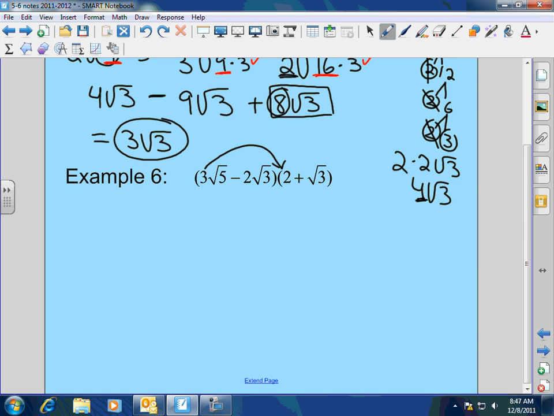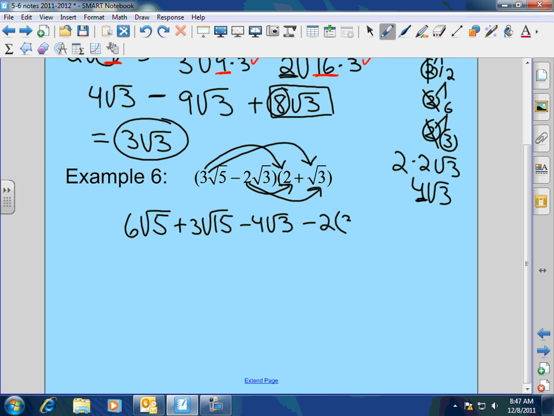3 radical 5 times 2 is 6 radical 5. 3 radical 5 times radical 3 is 3 radical 15. Negative 2 radical 3 times 2 is negative 4 radical 3. And negative 2 radical 3 times radical 3 is negative 2 times 3. Sorry about that.